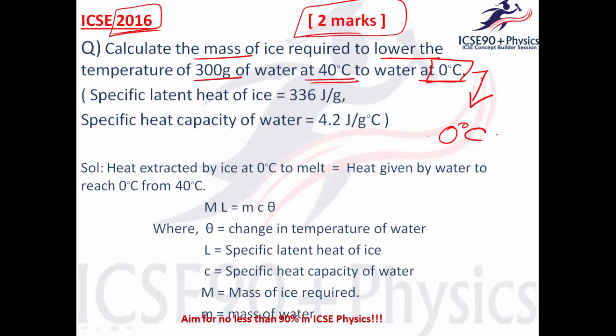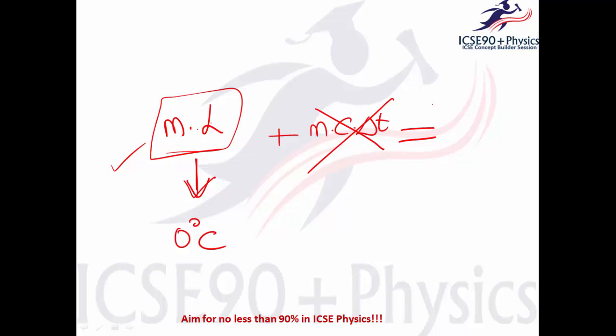The hot body being water. Heat lost by the hot body will be simply mc delta T, wherein delta T is 40 degrees Celsius. Remember, water is being cooled from 40 to 0 degrees Celsius. So m into L will be equal to mc into 40 degrees Celsius, right?